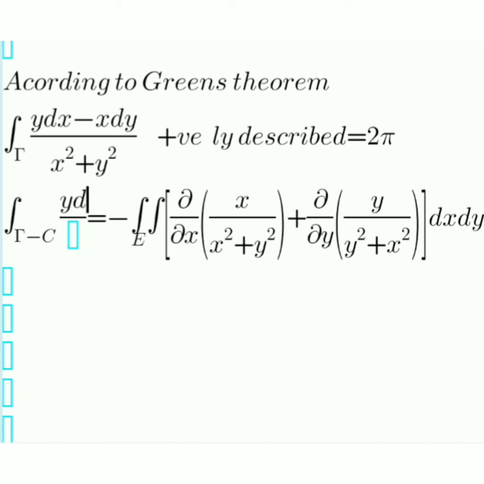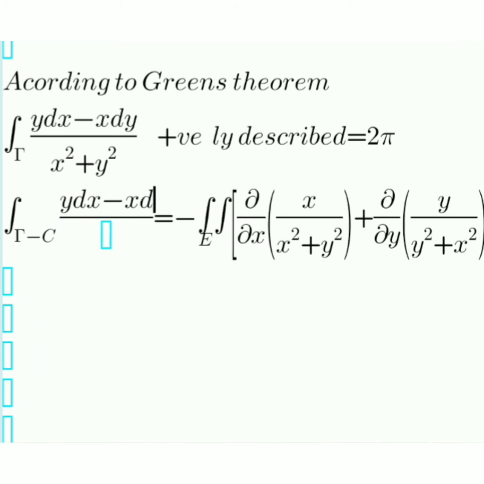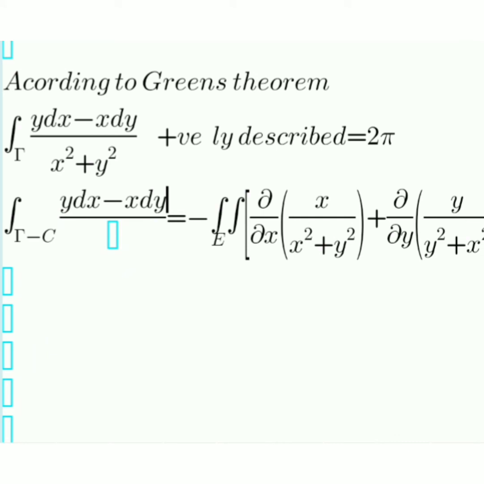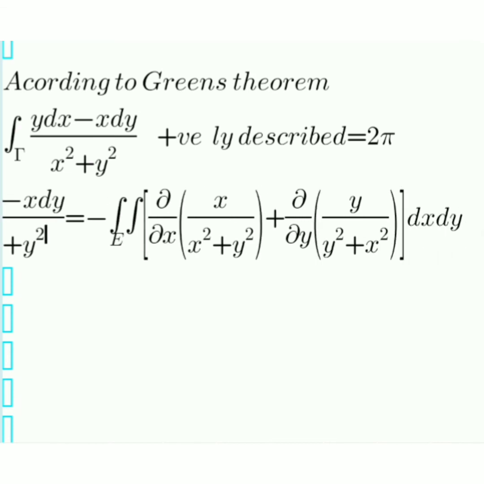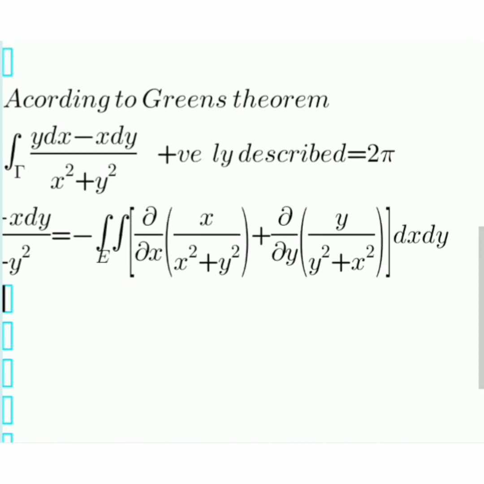I will cut a circle C from the ellipse, and I will get this way, and after that x square plus y square, then I get this way, and after that I get minus, and this value is 0.